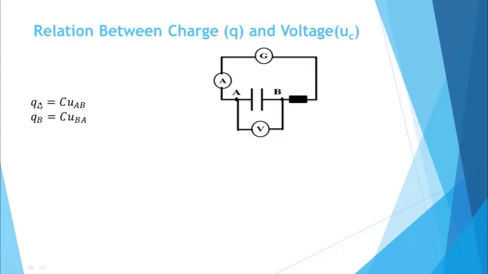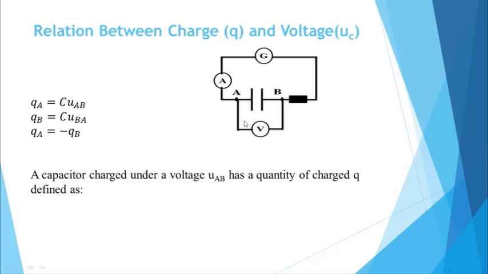Notice if I'm talking about QA, then I have to start with A for U. And if I'm talking about QB, I have to start with B for U. Remember that UAB is equal to minus UBA, then we will get QA is equal to minus QB. A capacitor charged under a voltage UAB has a quantity of charge Q defined as Q, which is equal to QA, is equal to C UAB.